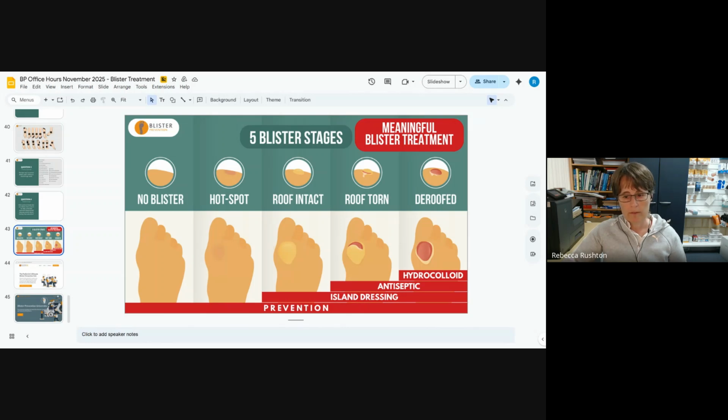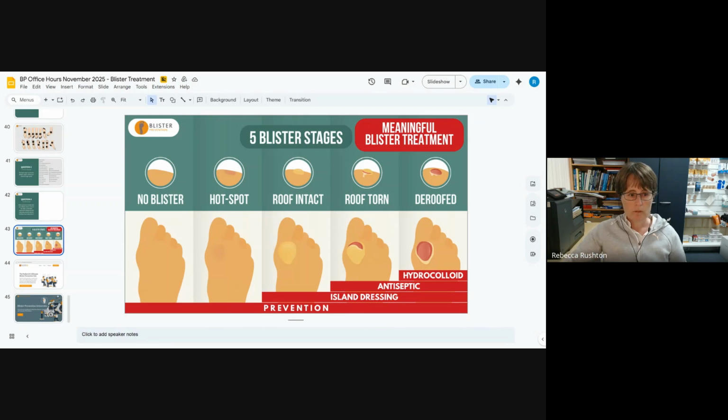Educate them around the need for antiseptic, educate them around the options for dressings, and educate them around how frequently this dressing needs to be changed and the antiseptic reapplied, and monitoring for infection. You will also implement the prevention during the same consult.